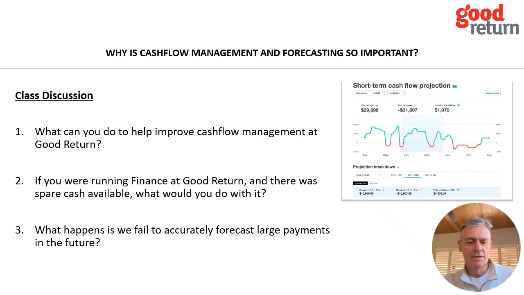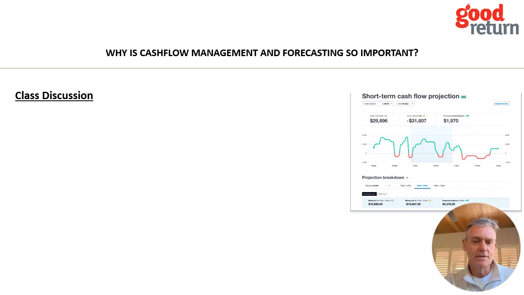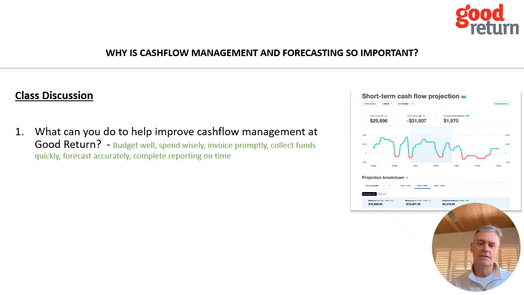So we did that exercise, and here are some of the answers that came out from your colleagues. Well, to improve cash flow management at Good Return, some of the things within your control is, if you own a budget, to really think carefully about framing that budget in an accurate manner in the first place, as accurately as possible.